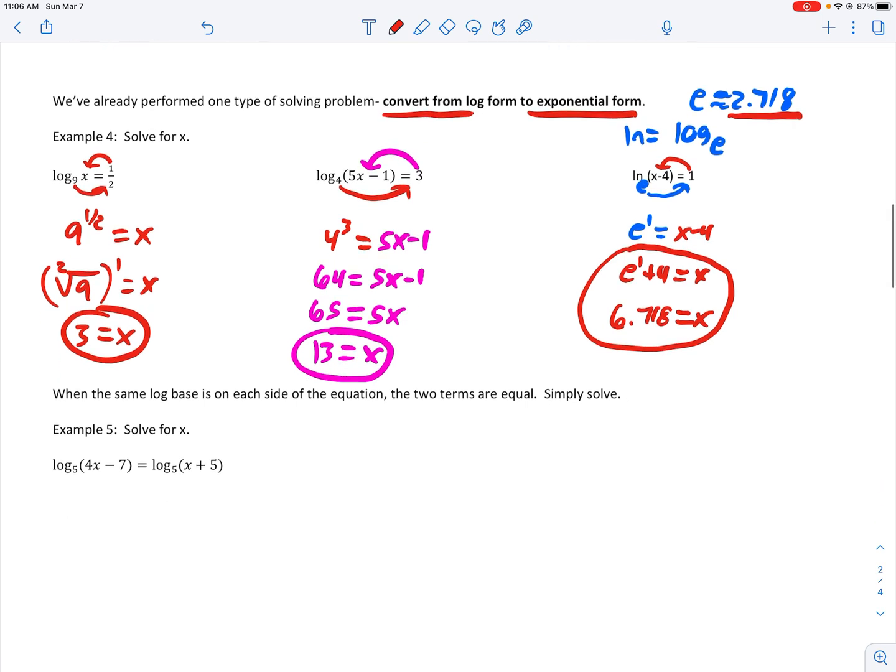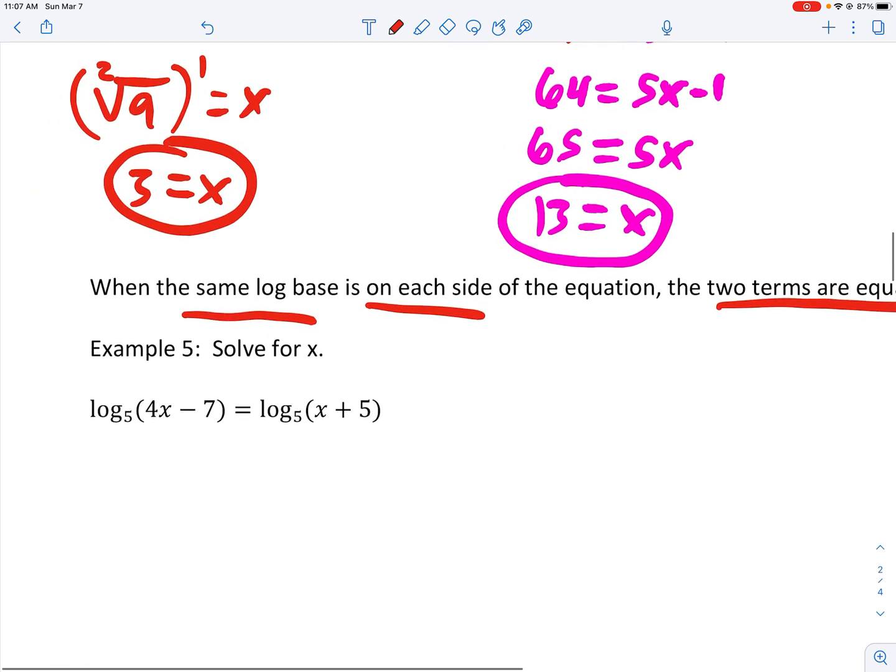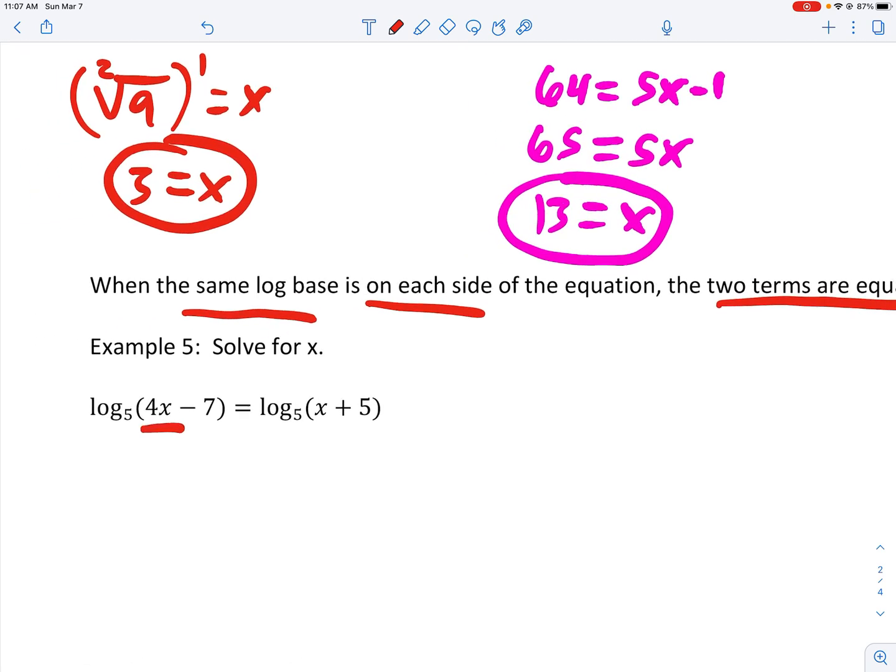When the same log base is on each side, the two terms are equal. Simply solve. So what do I mean by terms? So the 4x minus 7 and x plus 5 will be our terms. So when the bases are the same, those expressions have to be equal. Because again, equal means both sides are the same. They're identical.